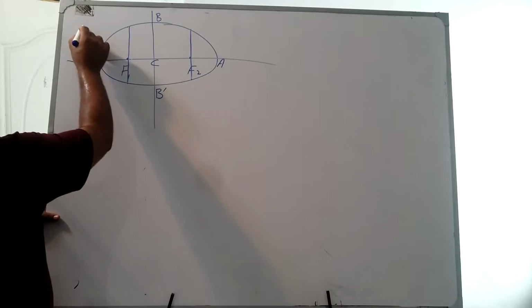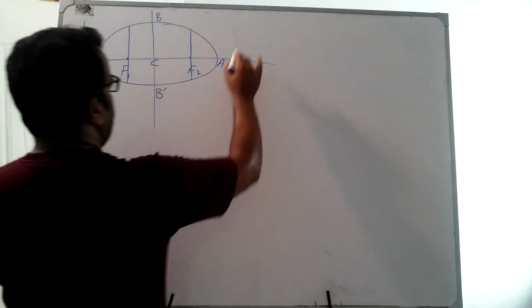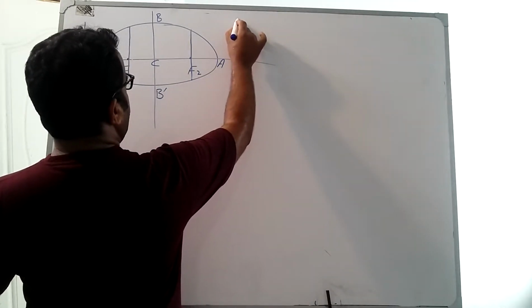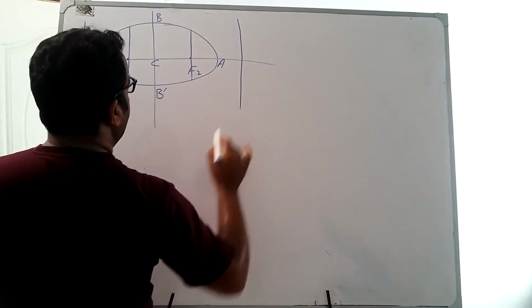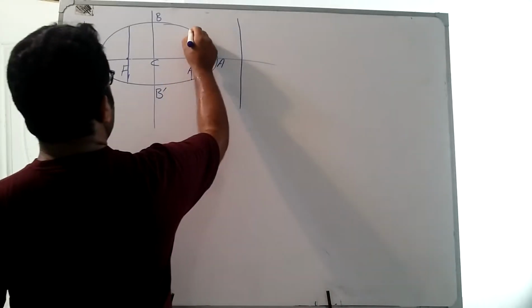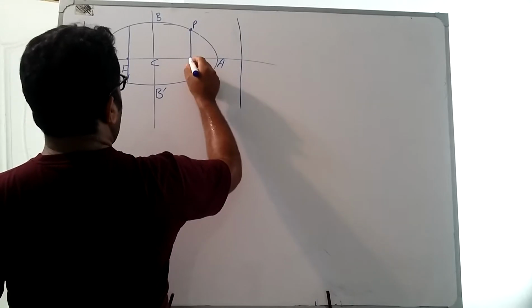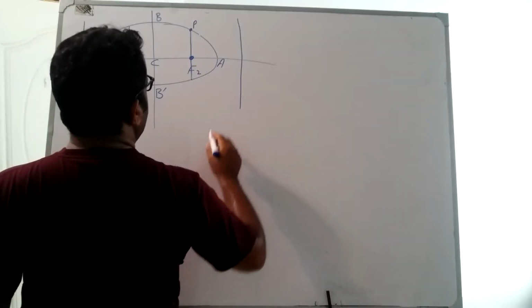There are two directrices in the ellipse. Suppose this point is P and this point is F2, of course.